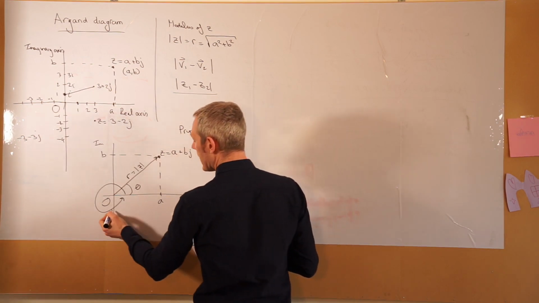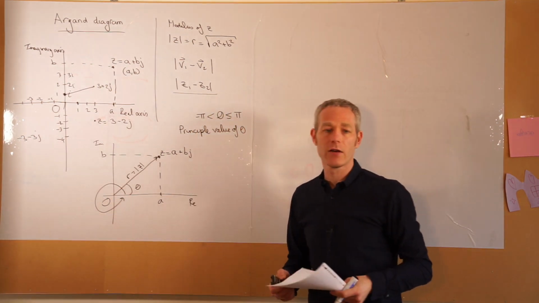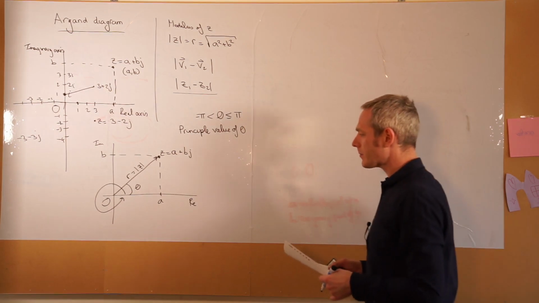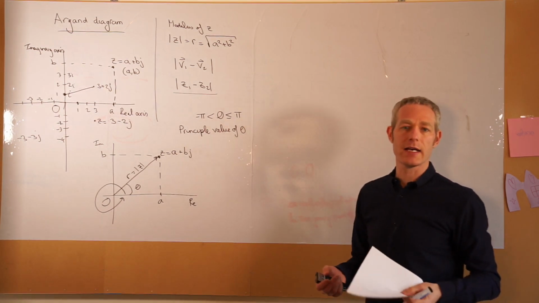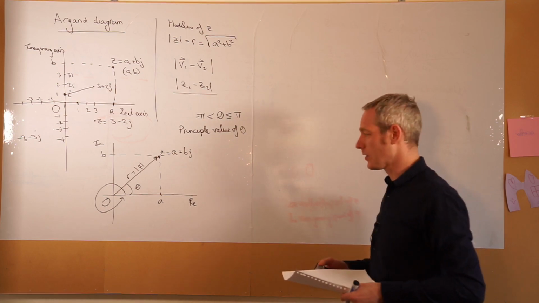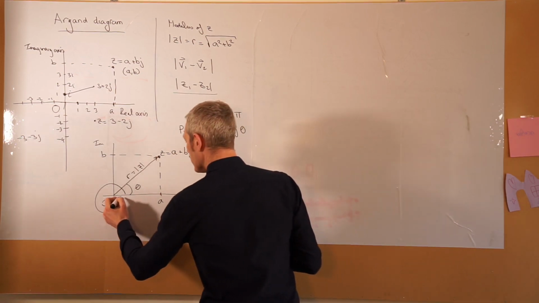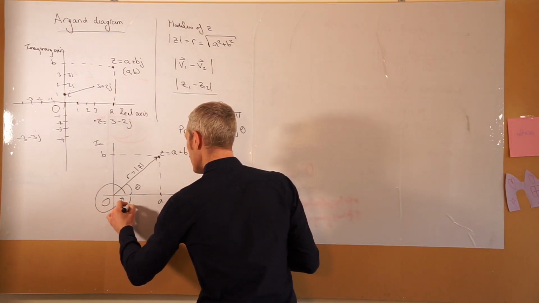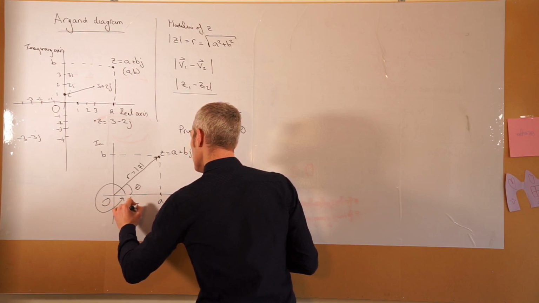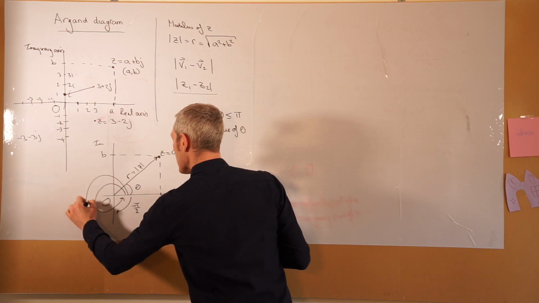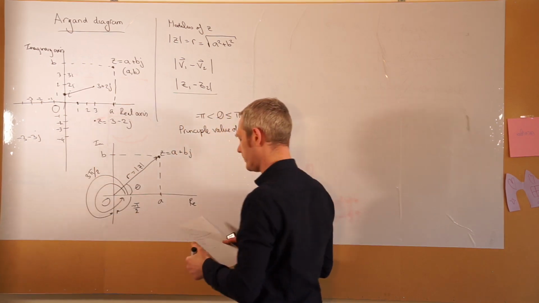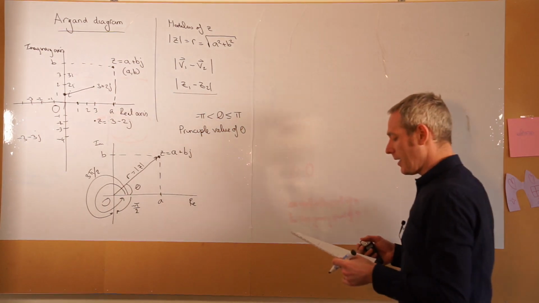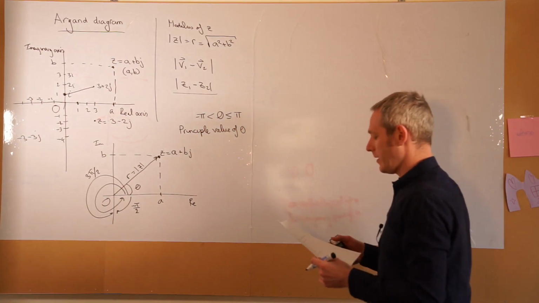And of course, if we have an angle of 3 over 2 times pi, it is the same as minus pi over 2. So this angle here, minus pi over 2, is the same angle as 3 pi over 2. Well, how do we find this?